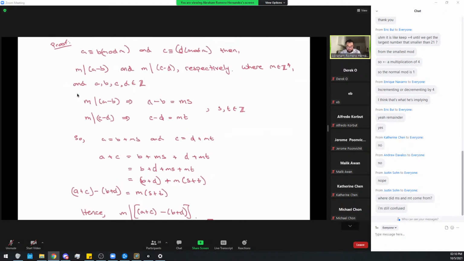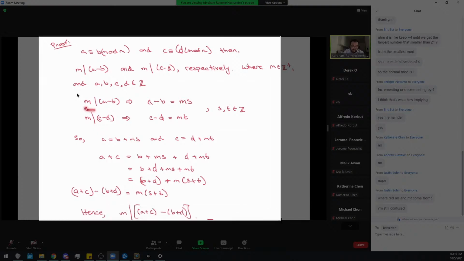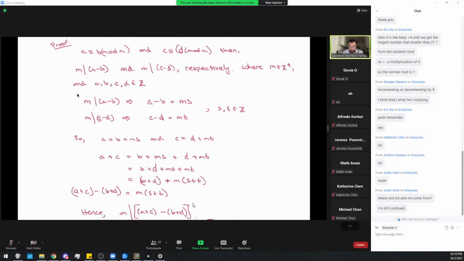So where did MS come from? And MT? Okay. They came from the fact that that's what it means to divide something. Remember the definition of this. Because M divides this, that means M times a multiple will equal A minus B. Same thing here.